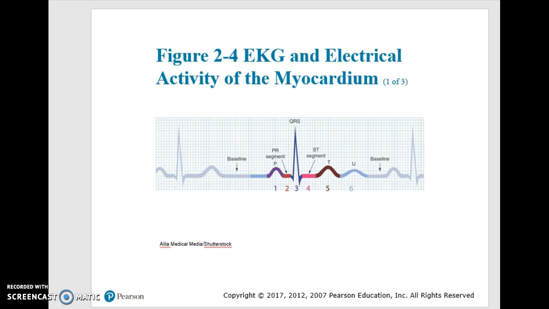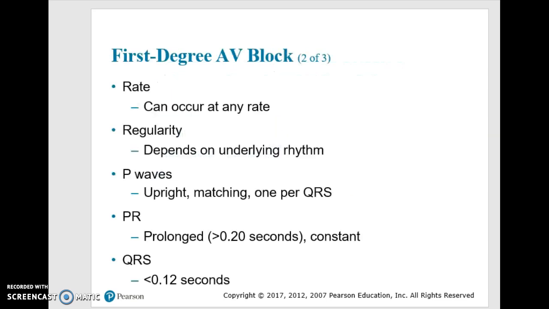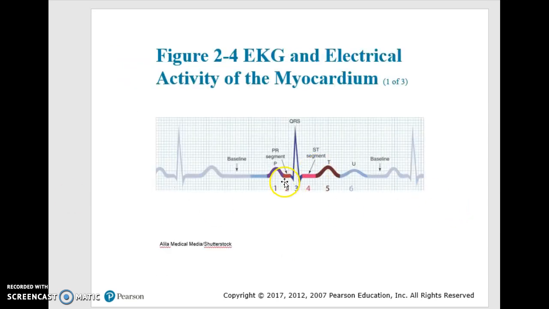And so moving forward, let's continue to look at the first degree AV block. Again, we know that the PR interval is greater than 0.20 seconds, and it's constant. It doesn't change from segment to segment. So going back to this strip, you can look at this PR interval, and if it's greater than 0.20, it's going to be greater on the next leg down. So it's the same here as it is here as it is here.